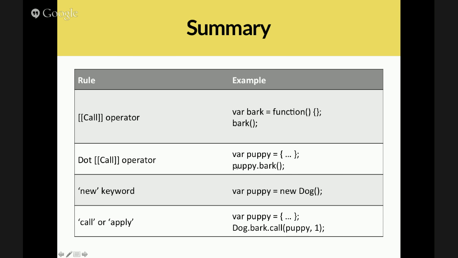So if you had foo.puppy.bark, it's still going to be puppy that is this. And then there's the new operator, where this is going to be an instance of an object that inherits from dog's prototype. We'll talk all about what that means in a little bit. And then finally, a call or apply, which you can programmatically specify what you want this to be.